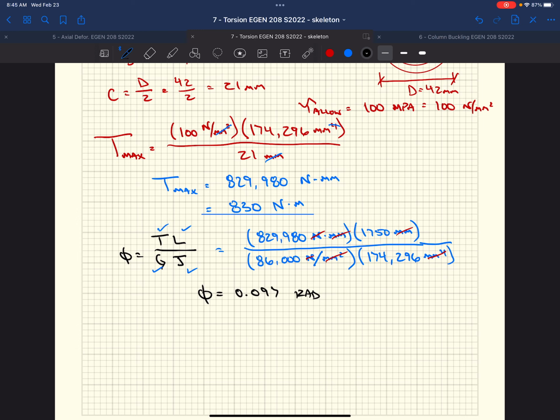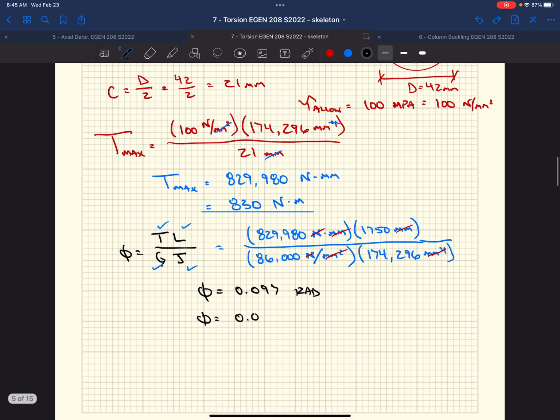If we wanted to figure out what that is in degrees, we would say 0.097 times 180 degrees per pi radians, and we would get phi equal to 5.5 degrees.